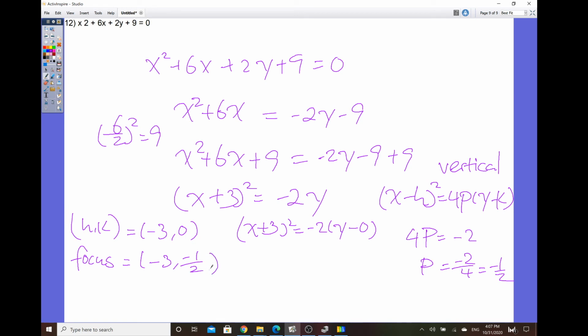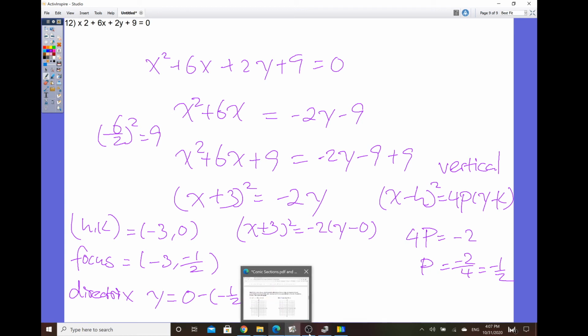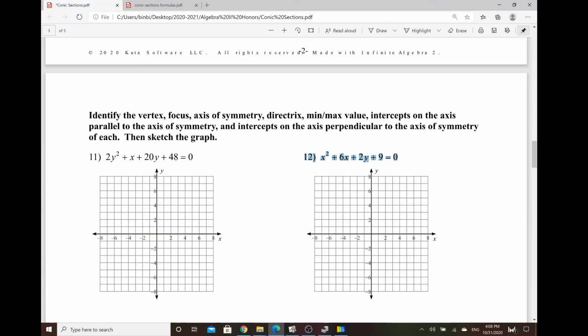It's actually facing downward. And then the directrix is y equals k plus p. No, k minus p. That'll be 0 minus negative 1/2, which is positive 1/2. Okay, so now sketch the graph. Negative 3 comma 0.